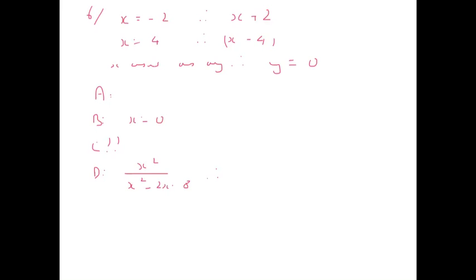So if we do long division, we're going to get 1 plus something. That means your asymptote would be 1, and that's wrong because it doesn't match this. And E is also wrong because it has x equals 0 as an additional asymptote. Therefore, C is the correct answer.